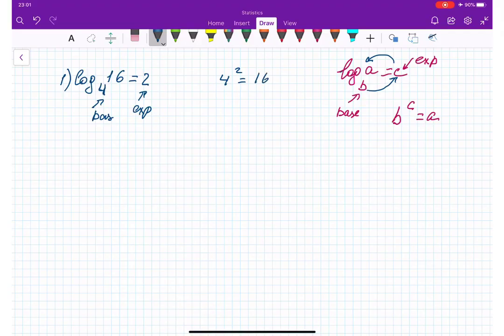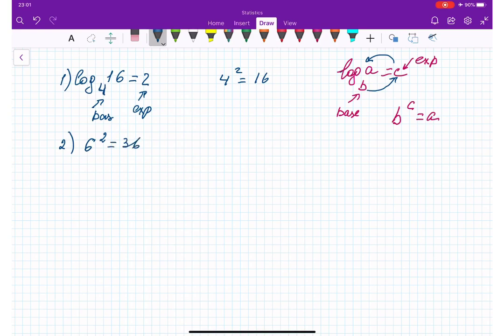Okay, question number 2. Write in logarithmic form. So we are now going to do vice versa. We have exponential format, 6 to power 2 is equal 36.